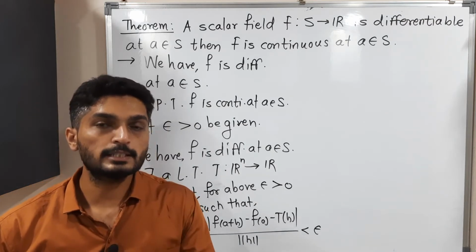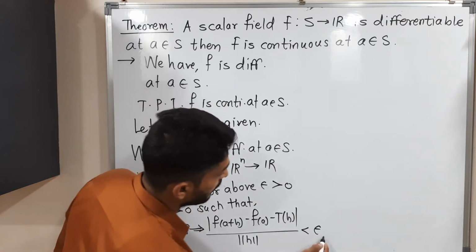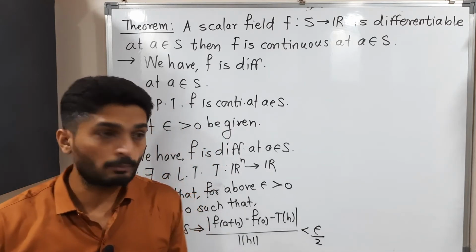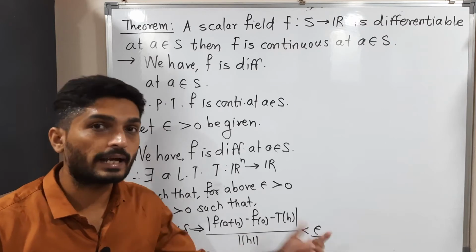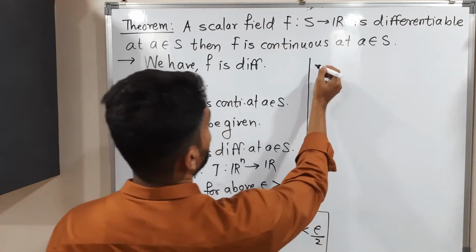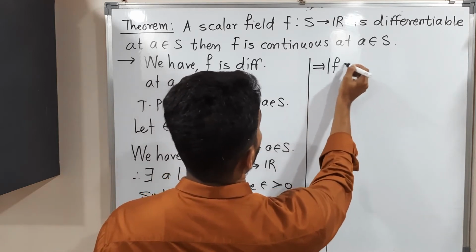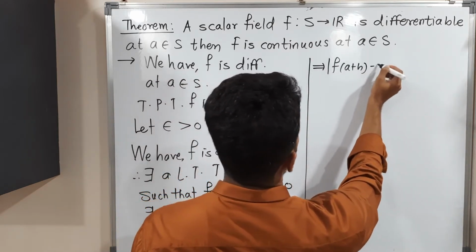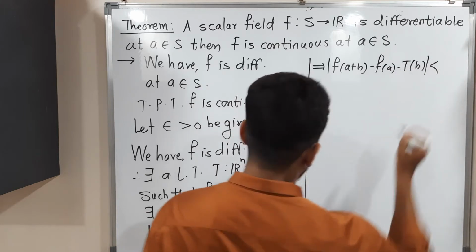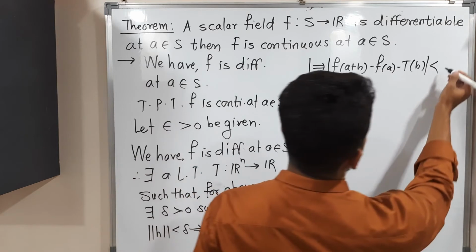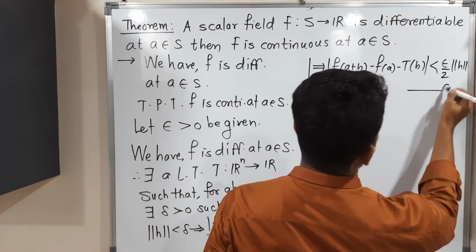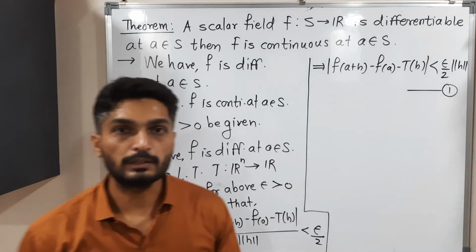But one adjustment I am going to do: instead of epsilon, I am going to take epsilon by 2. In the next step, I am going to shift this norm h to the other side. Then this implies mod f of a plus h minus f of a minus T of h is less than epsilon by 2 into norm h. This is statement number 1.